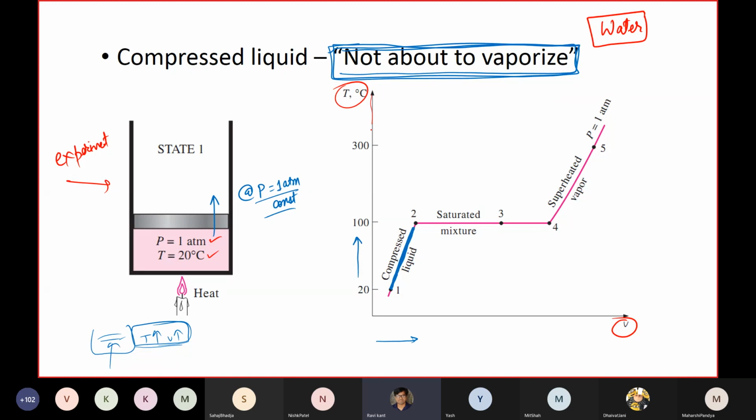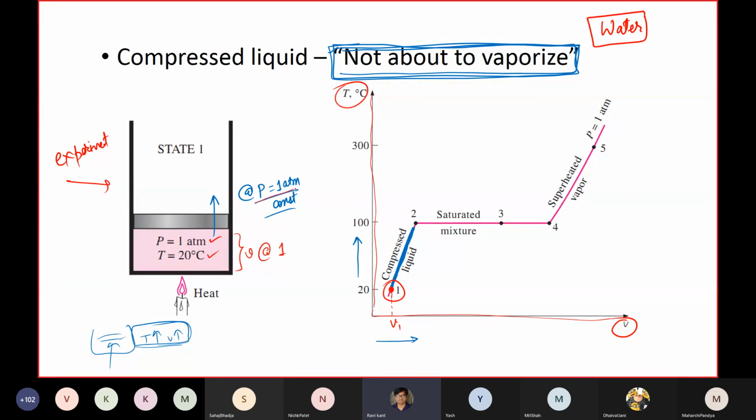On this scale is temperature and this is specific volume. It has a certain specific volume, let's suppose V1, and this is state 1.